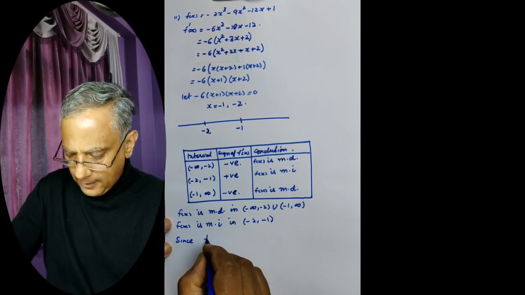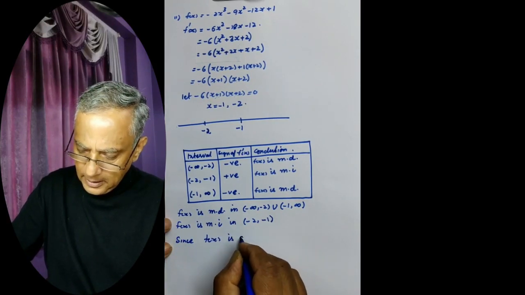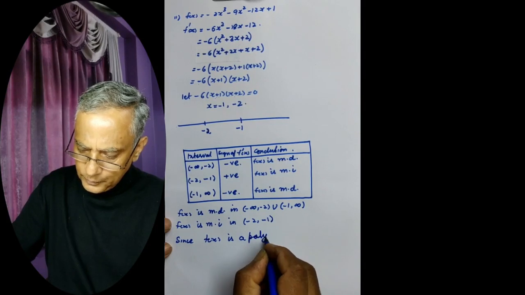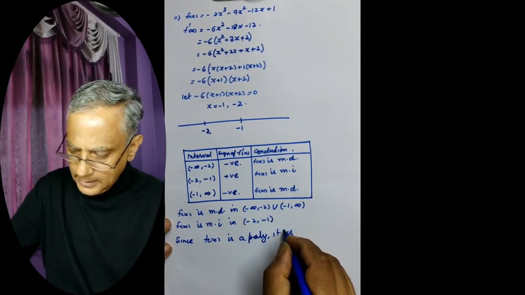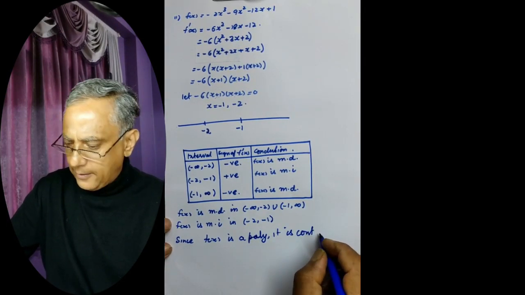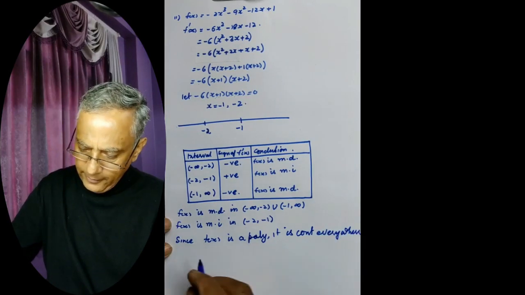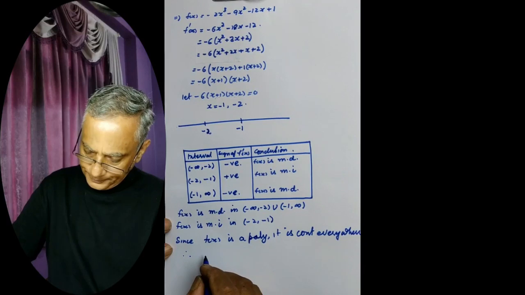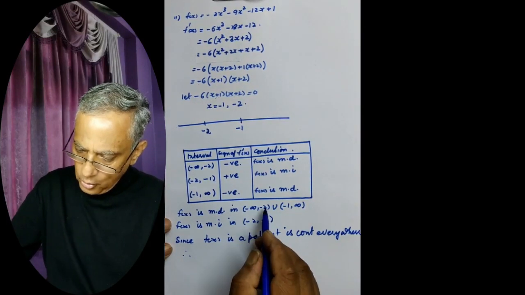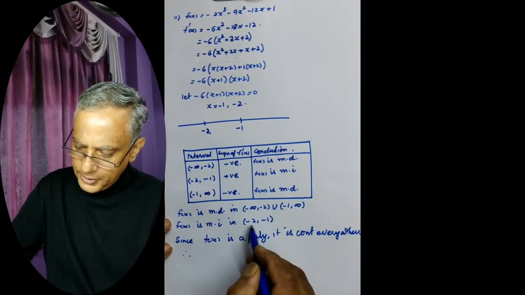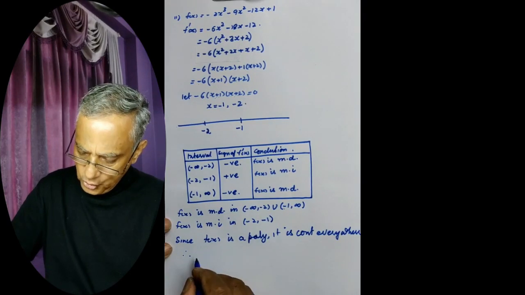Since f(x) is a polynomial, it is continuous everywhere, and therefore we can include these endpoints, changing these round brackets into square brackets.